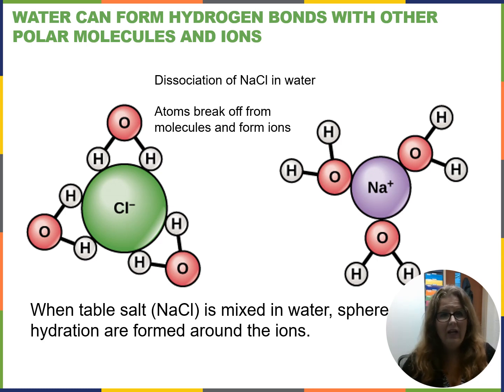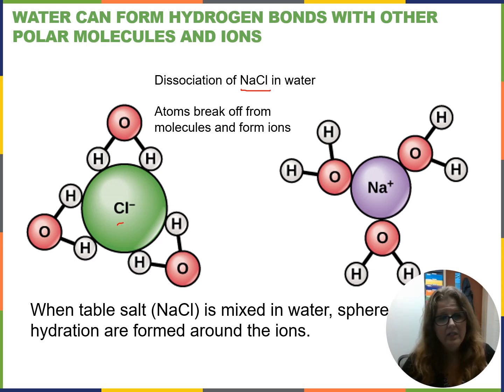All right, water can make hydrogen bonds with other polar molecules. So if you were to put salt into water, so sodium chloride here, the atoms break off and form ions. Remember, we talked about this earlier, when the sodium and the chloride interact, the sodium says, here's my electron. Now the chlorine has extra, so it's negative.